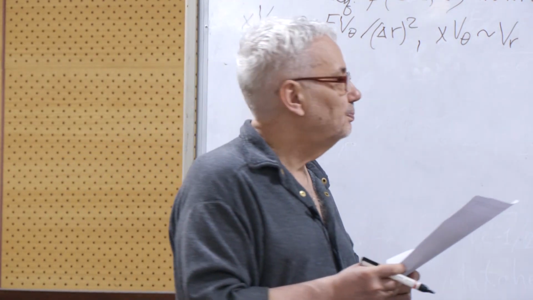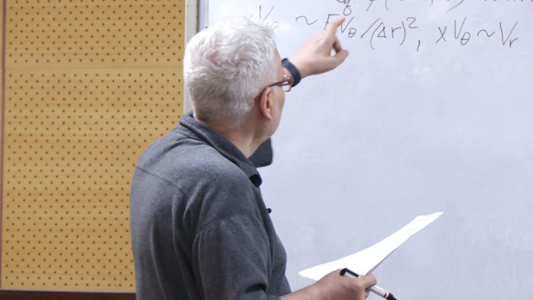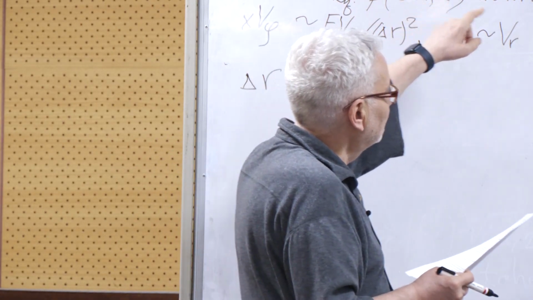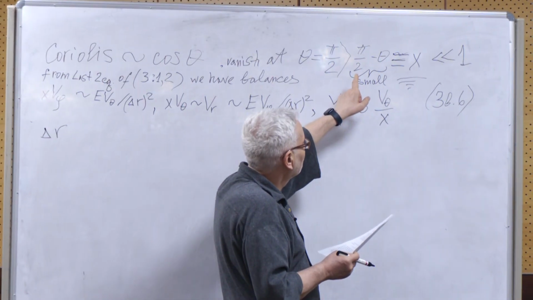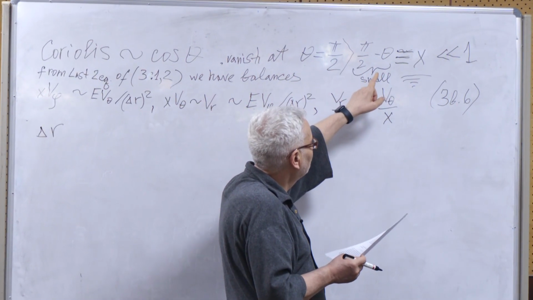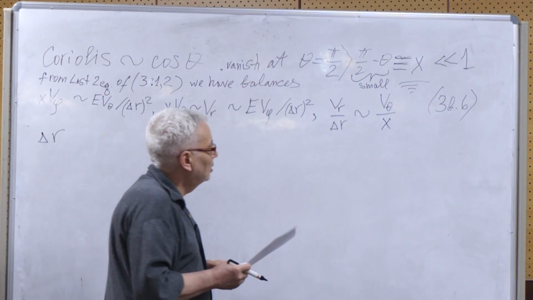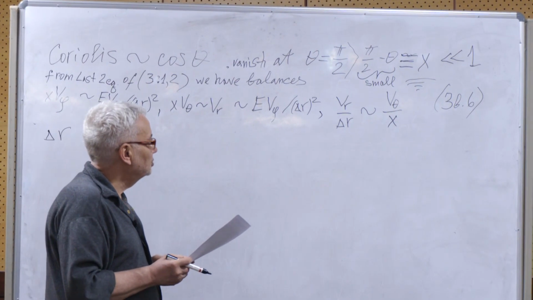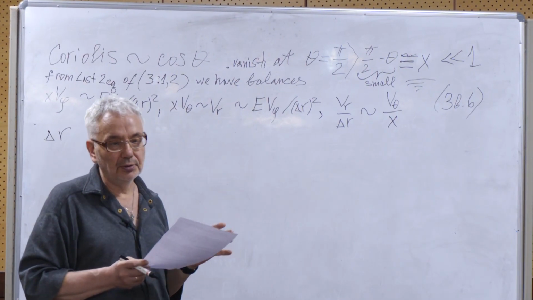You see there is a trick here: Coriolis is proportional to cosine theta, so it's actually proportional to this x, which is half pi minus theta. So its Coriolis force becomes diminishing.